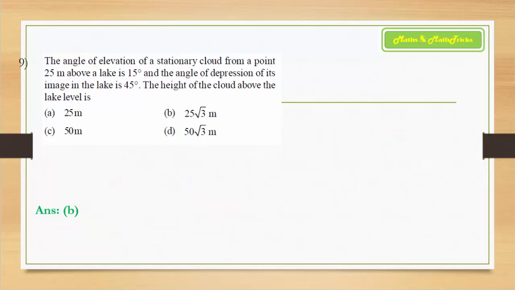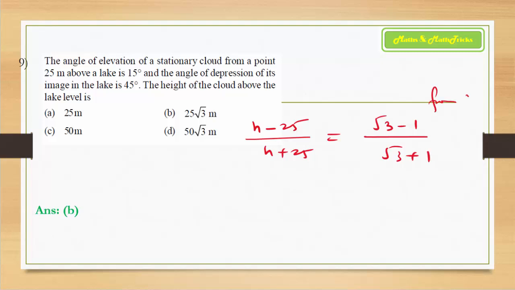So I am calculating h minus 25 by the x value that we had, which is h plus 25, equal to the RHS, root 3 minus 1 upon root 3 plus 1, from equation 1 we got earlier. Now I can simply solve this equation by cross multiplying for the h value.